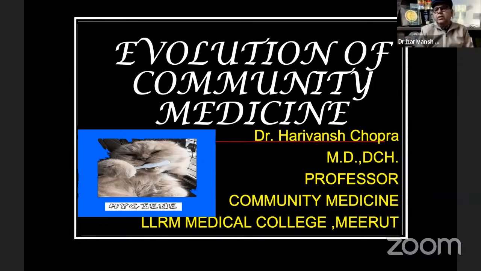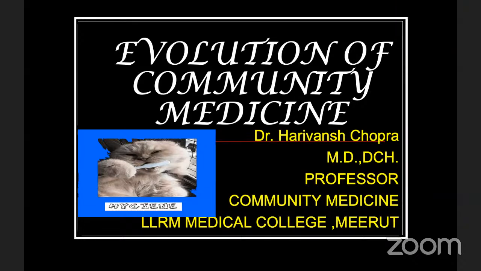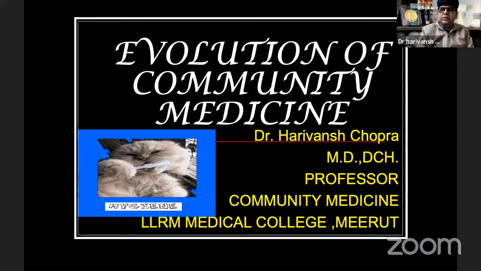So we'll be talking about that, and then I'll be talking about my own concept, what I understand by these changing names, and I'll be giving you a few definitions given by the people. Then we'll be moving forward to the definition given by our national association, that is the Indian Association of Preventive and Social Medicine.